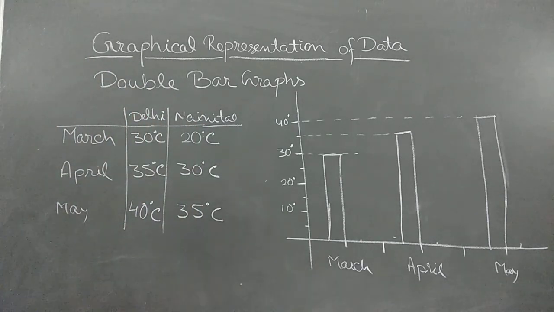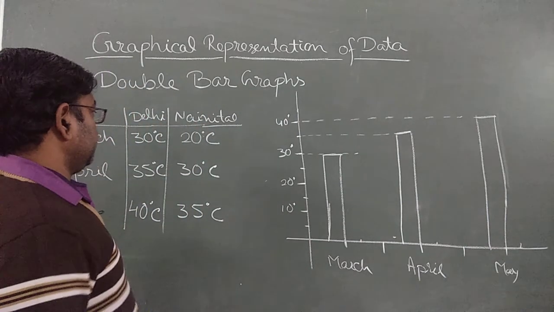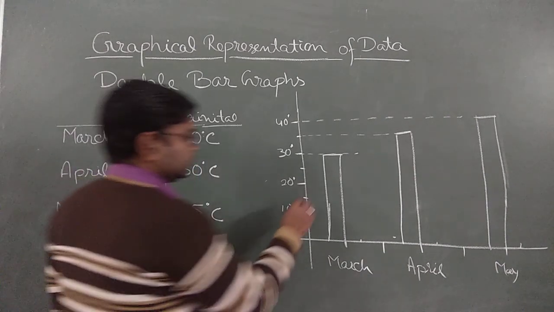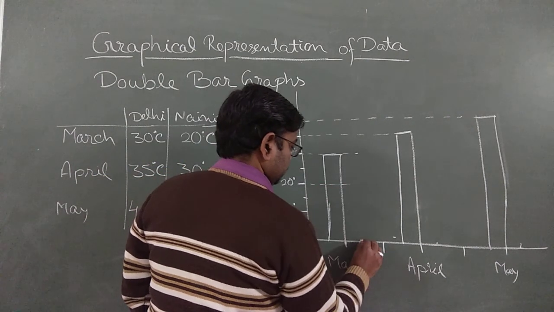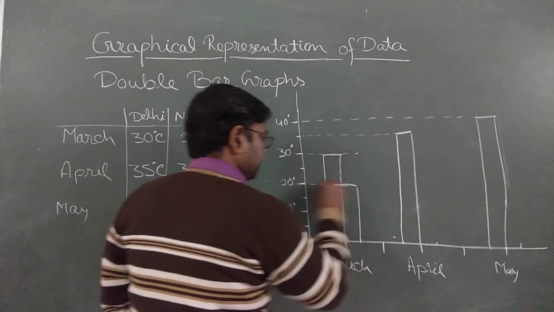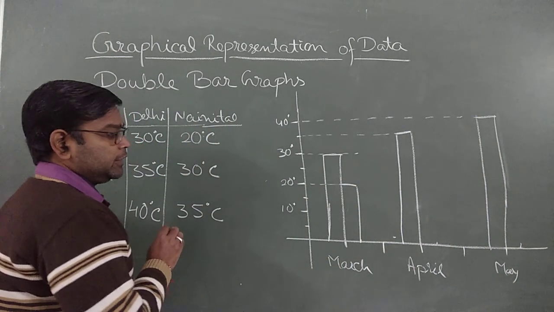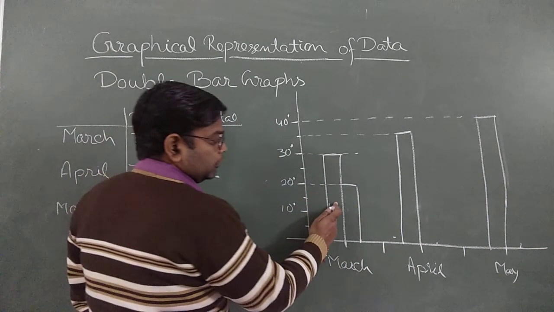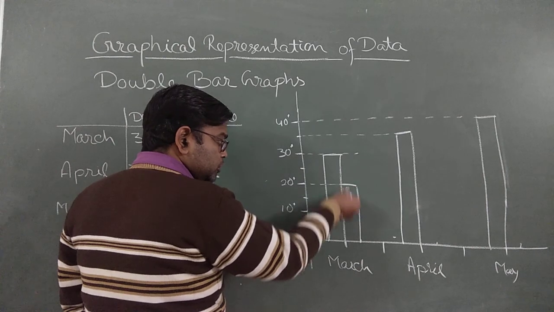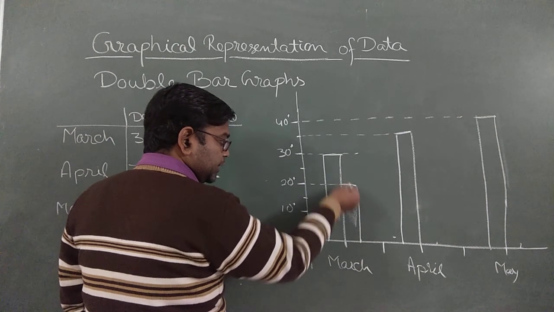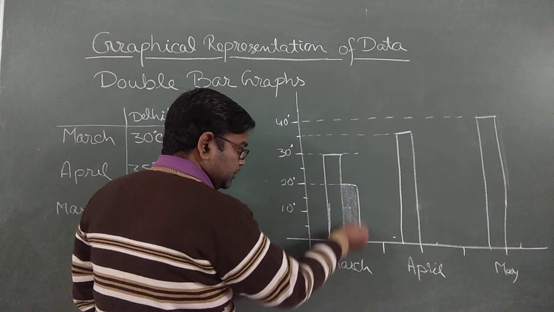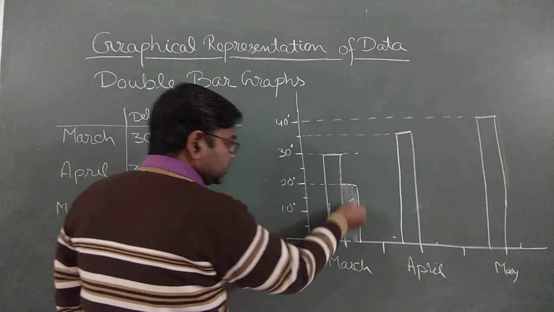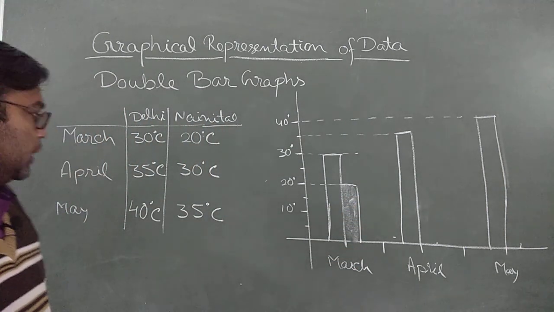Now for Nainital, the first one is 20 degrees centigrade. This is for Nainital, but we have to use some shading so that you can easily distinguish both the bars.